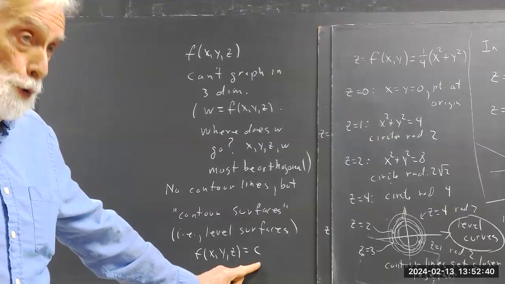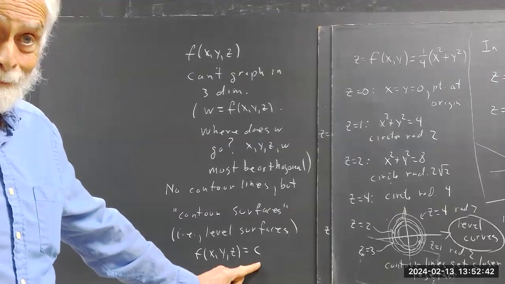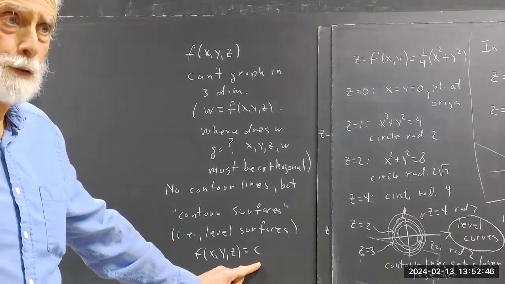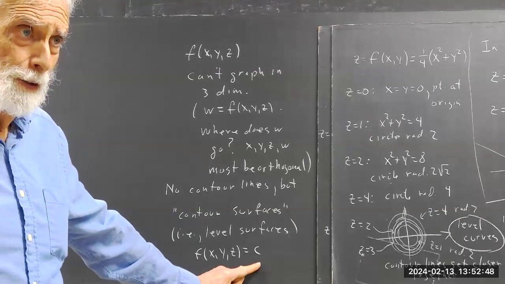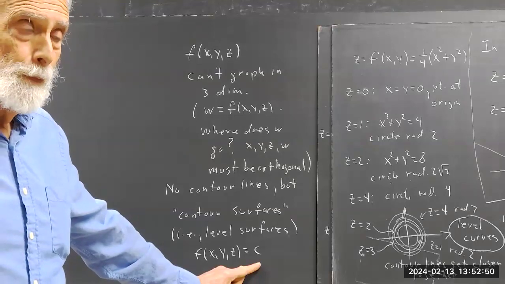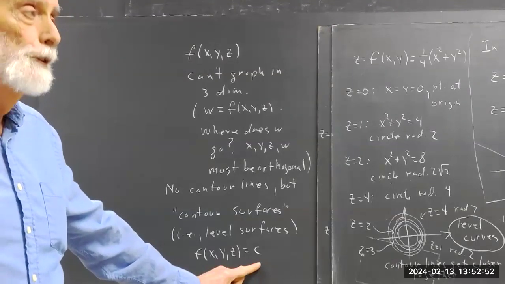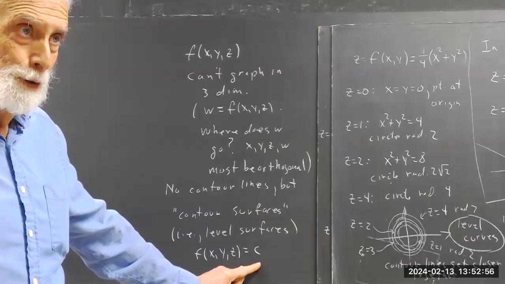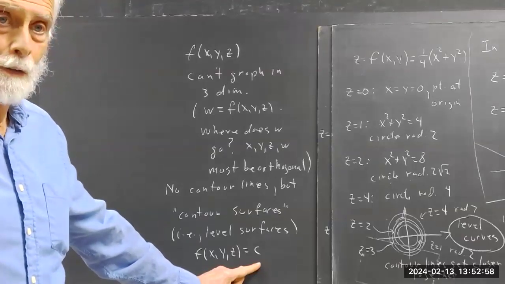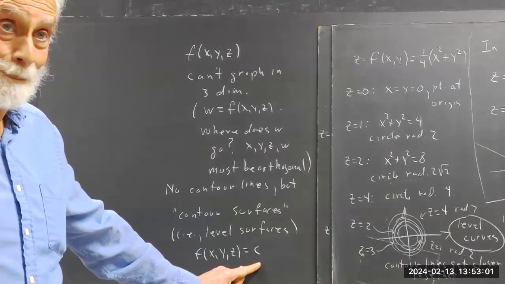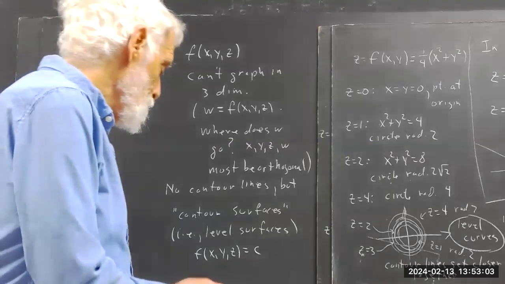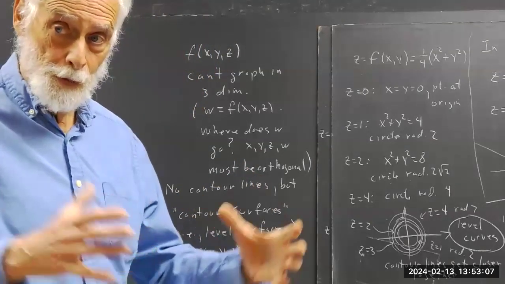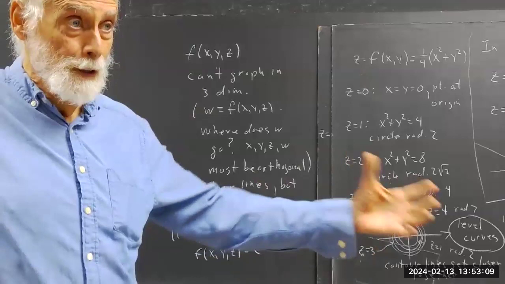If it's equal to 2, you have a sphere of radius square root of 2. If you set x squared plus y squared plus z squared equal to a constant, you get a sphere of radius square root of c, right? So in one case, you would have contour surfaces that are just spheres that increase in radius at a constant rate.